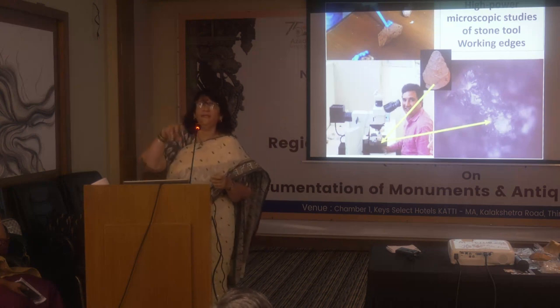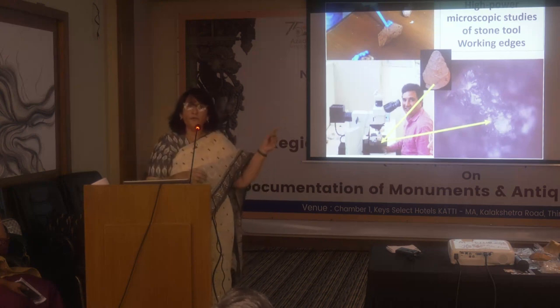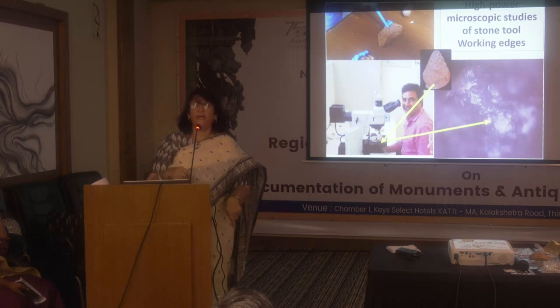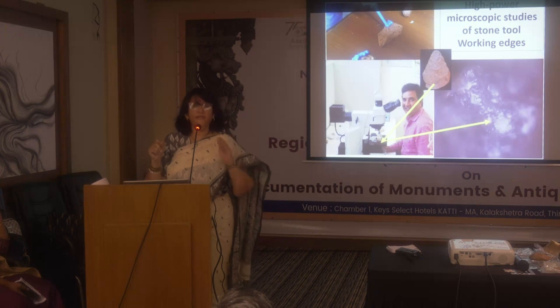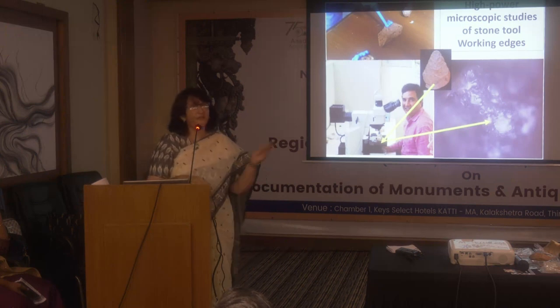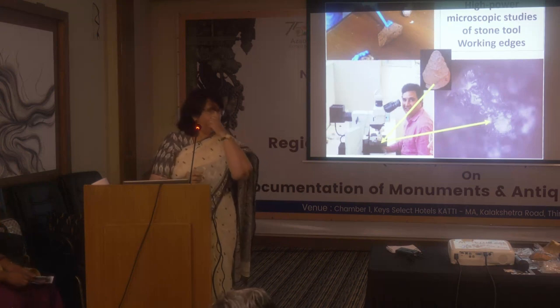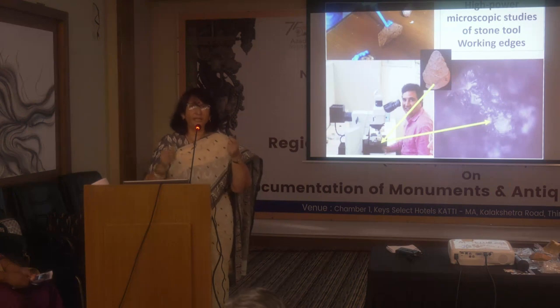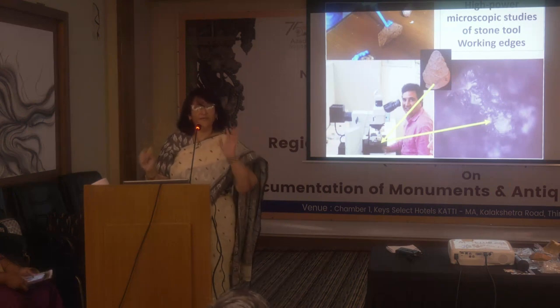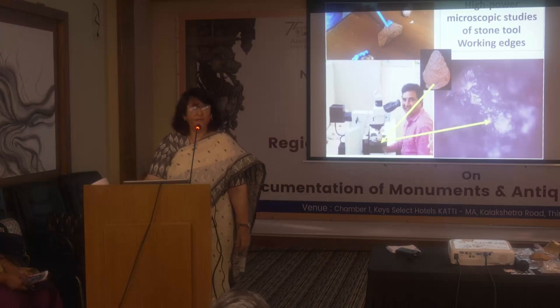In some cases in collections where microwear studies have already been done, the person filling up the form can say, okay, for this artifact, microwear has been done and the results show this, or just give the reference. Allahabad has done a lot of work on microwear, so they can possibly add that in. This has been already studied, give the reference and be done with it.